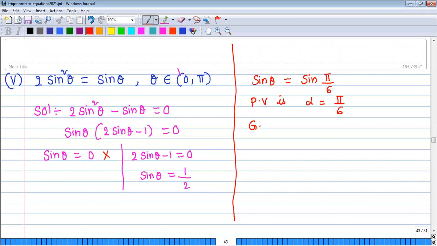General solution is theta is equal to pi by 6.